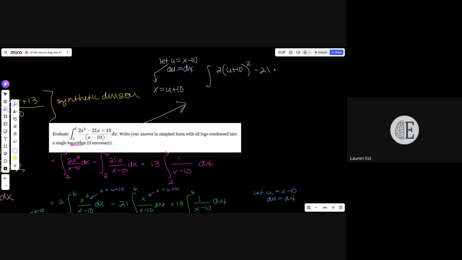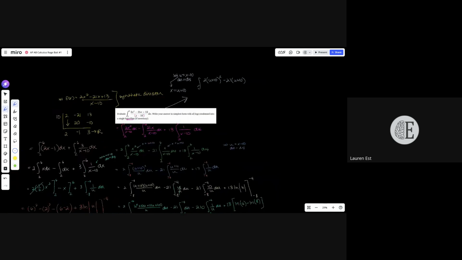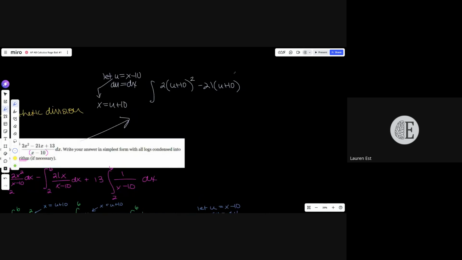Of course it's going to work. 2 times u plus 10. I guess you would still have to do the carousel around the dummy circle for this. But then I would have plus 13 all over u.